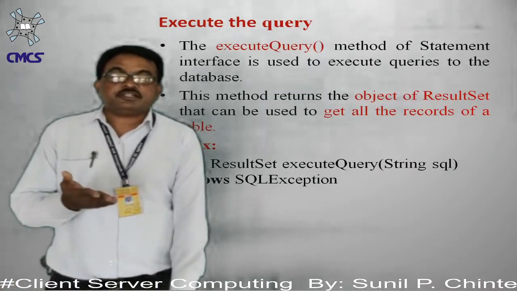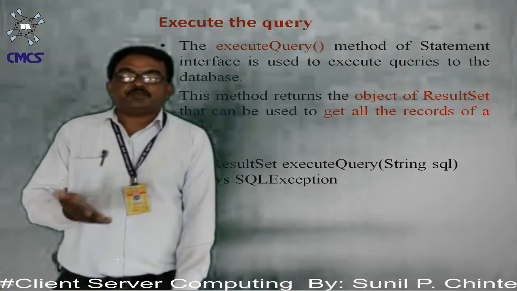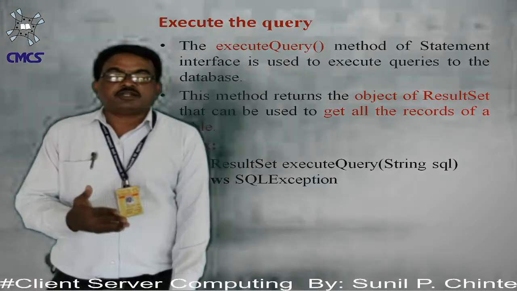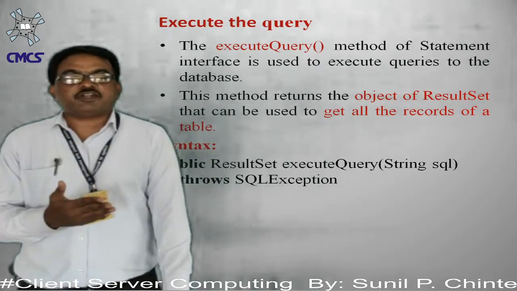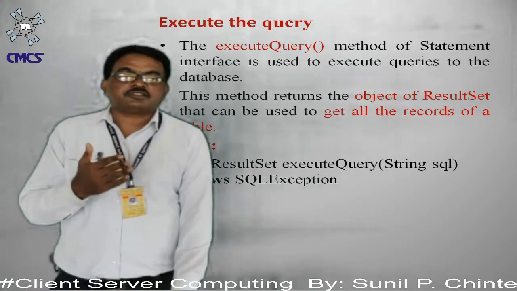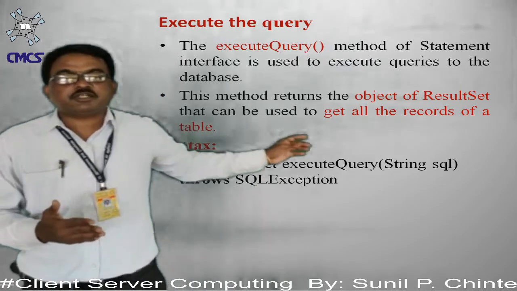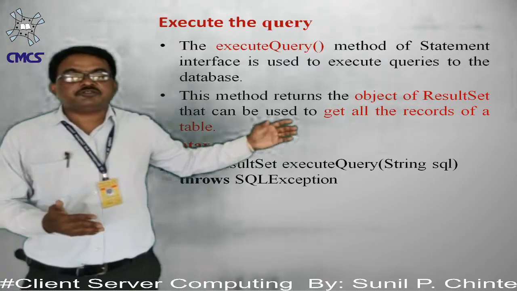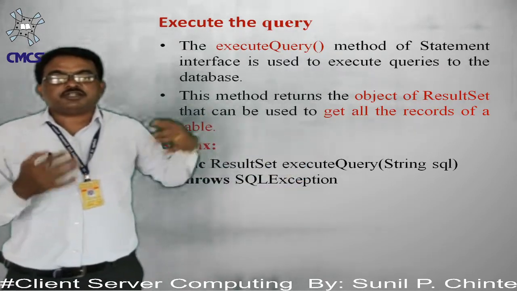After creating the statement, you can process or execute the queries. Here we use executeQuery to process the queries. This method returns the object of ResultSet that can be used to get the records from the tables.